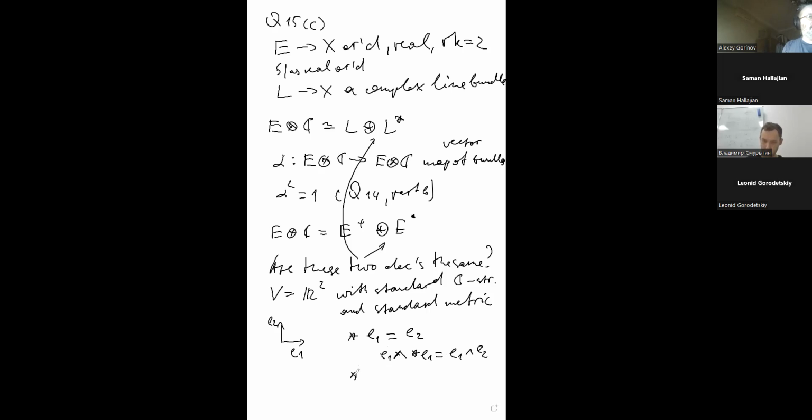Now the star of E2: E2 wedge the star of E2 should be E1, E2. So here I get minus E1.